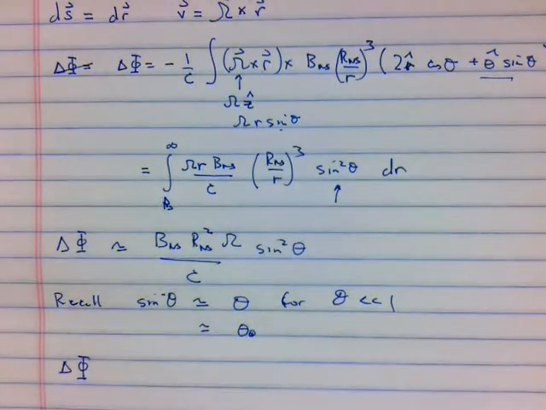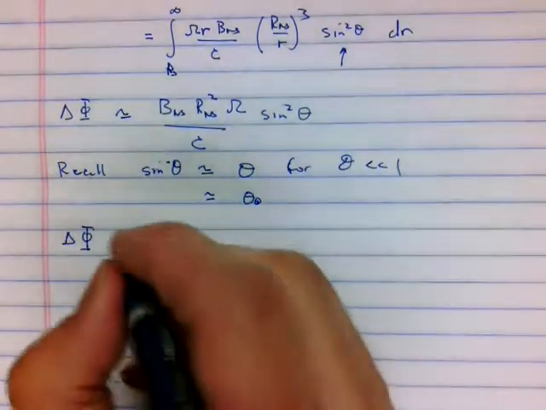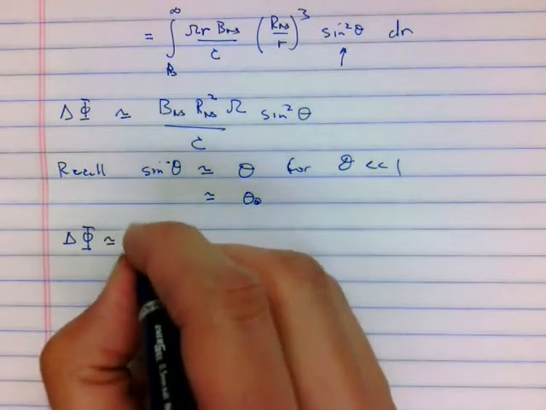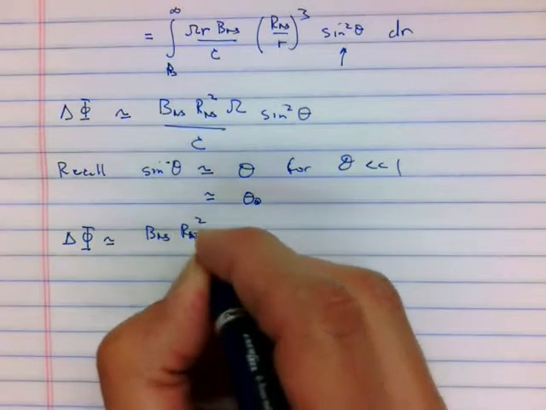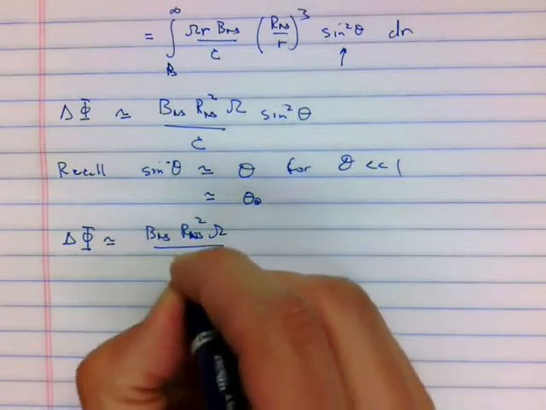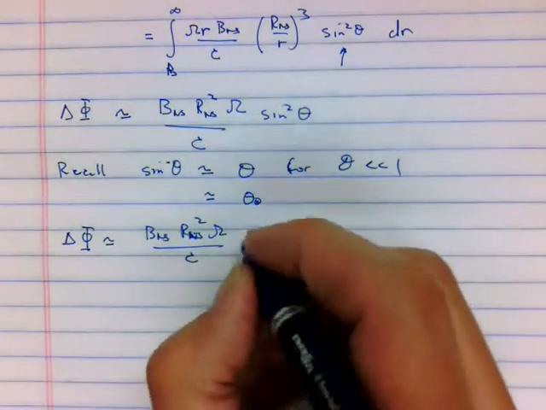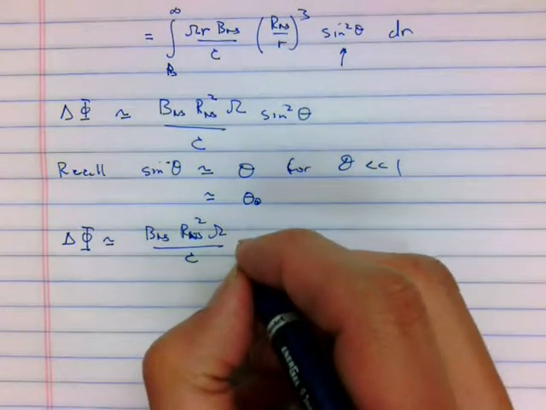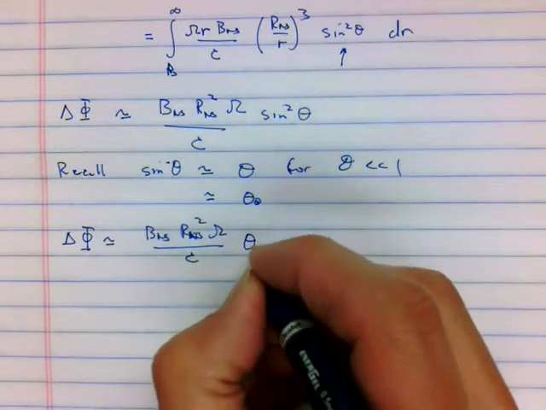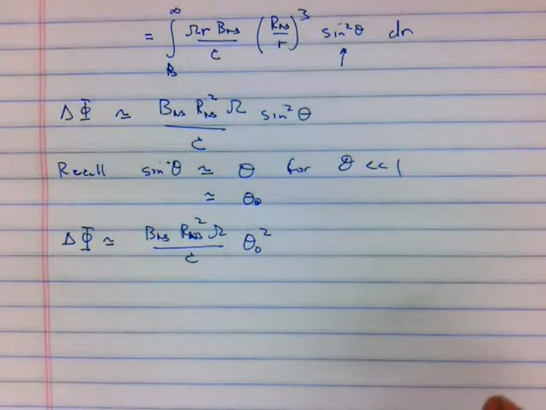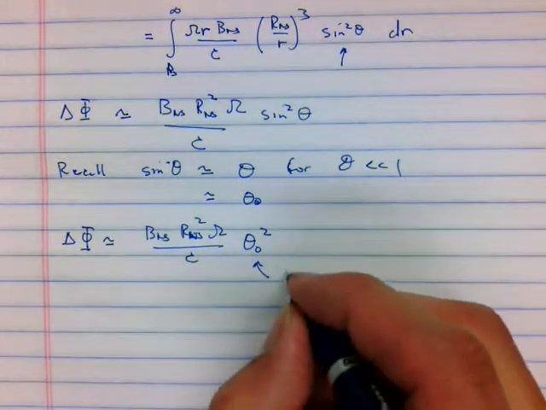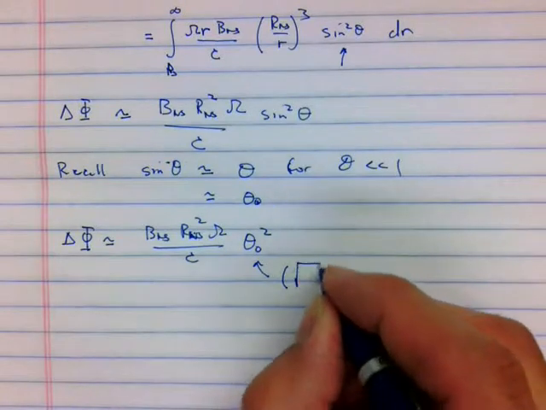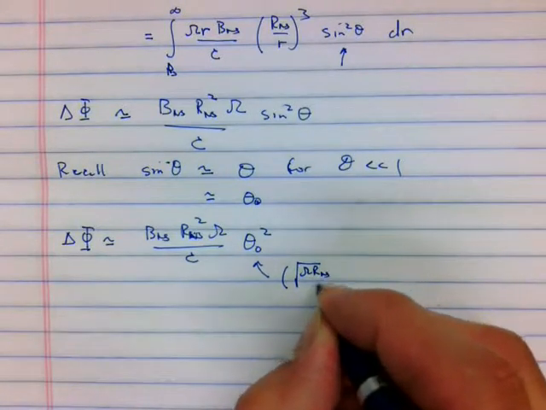approximately equal to B_NS R_NS squared omega over c, times theta naught squared. Okay, so let's recall what theta naught squared is. This guy is just the square of the square root of omega R_NS over c.